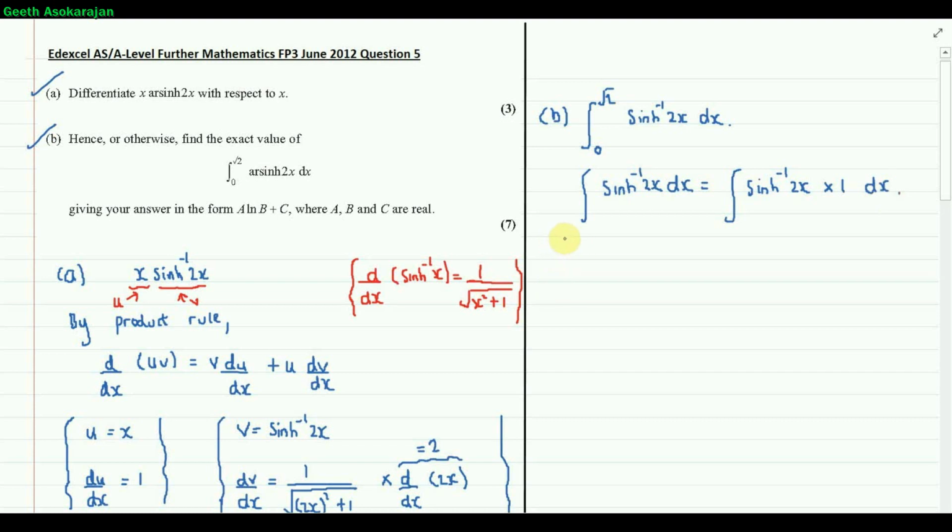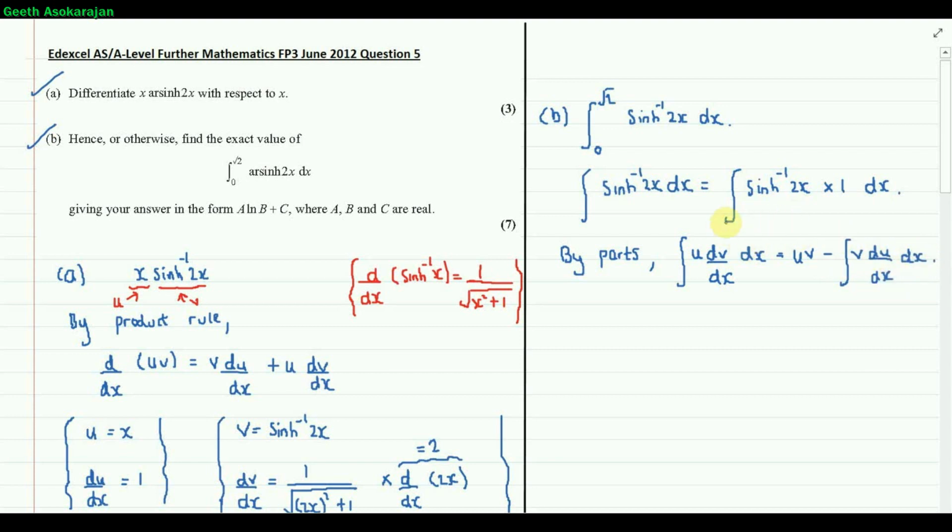The reason for that is we're going to use by parts. And remember the by parts formula: the integral of u dv over dx with respect to x is uv minus the integral of v du over dx with respect to x.